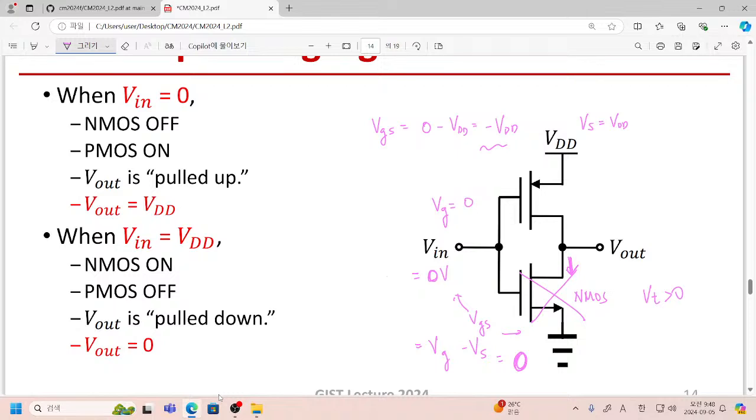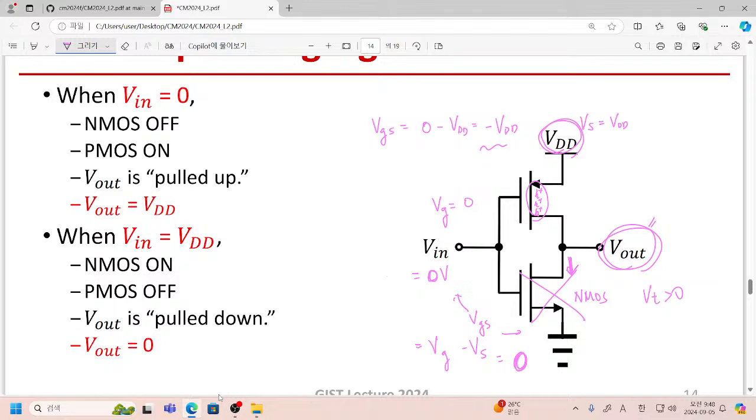In its absolute value, it is VDD, so it is highly turned on, and we have many holes beneath the oxide layer. So this gives us a good conductive path between our VDD and the output node.